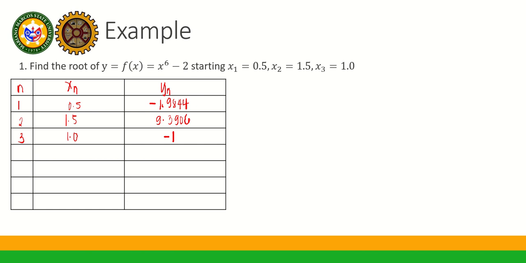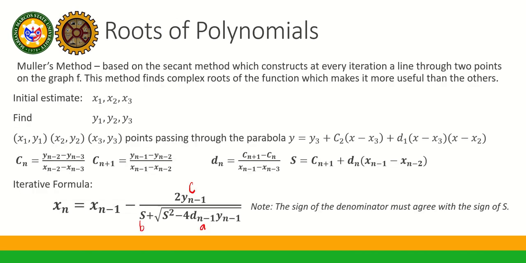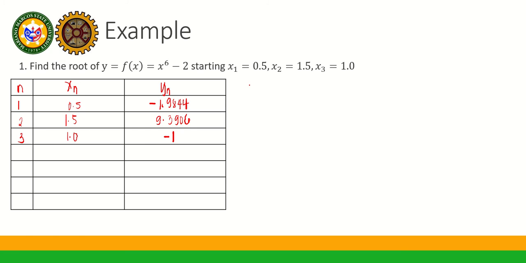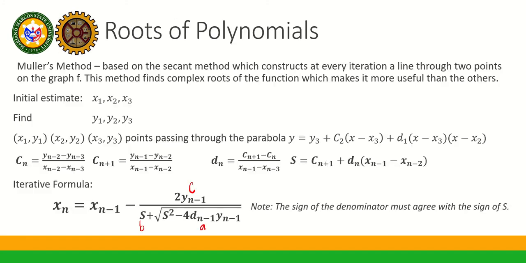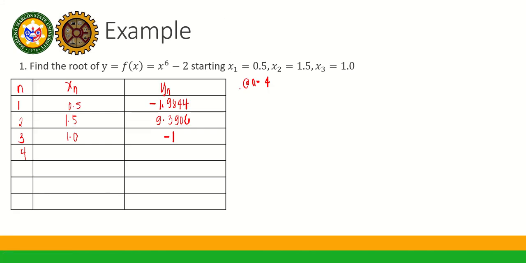So, paano natin kukunin si x sub 4? From these formulas. Okay, at n equal to 4. Okay, nasa 4 na tayo. So, what will be x sub 4? Okay, so una nating hahanapin is c sub n. C sub n natin will be c sub 4 since n is equal to 4.